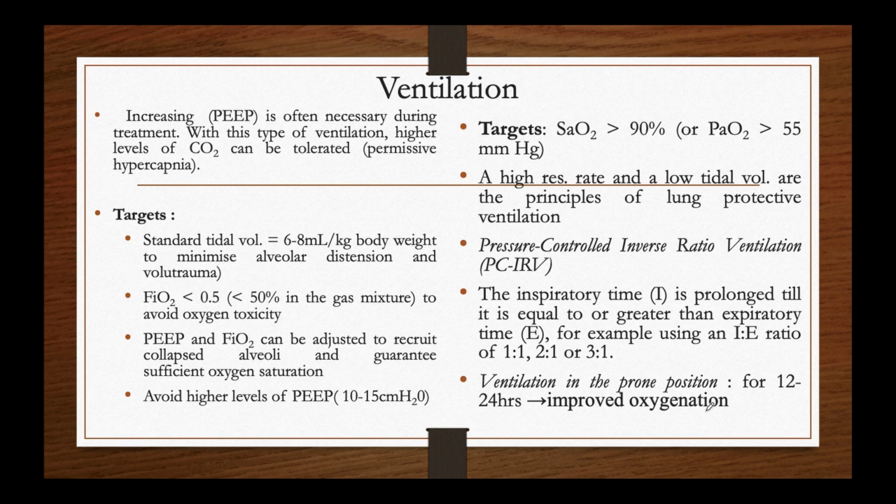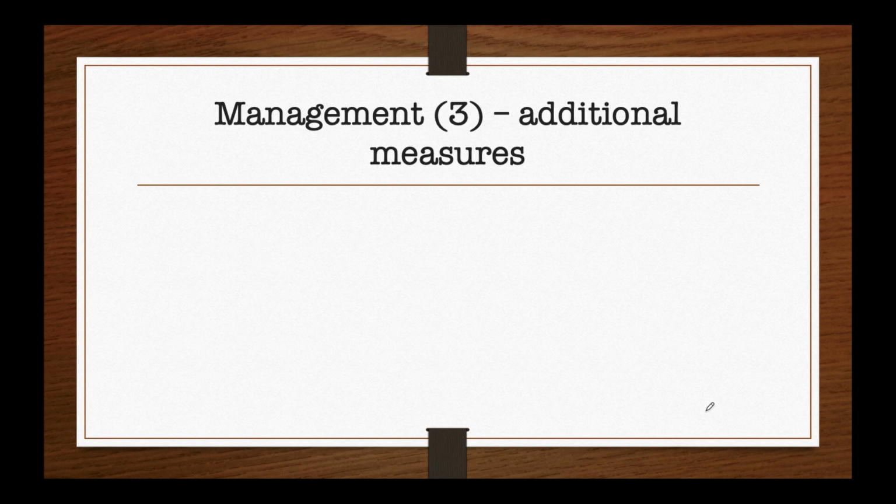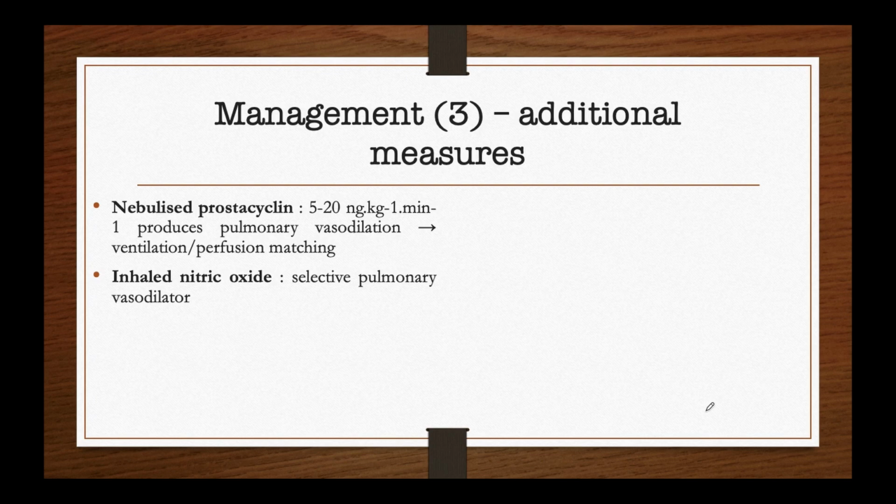Now, the third part of the management of acute respiratory distress syndrome is what is referred to as the additional measures. These are measures which may help to improve the outcome, or the prognosis of this condition. And so we have things like the nebulization of the patient with prostacyclin.